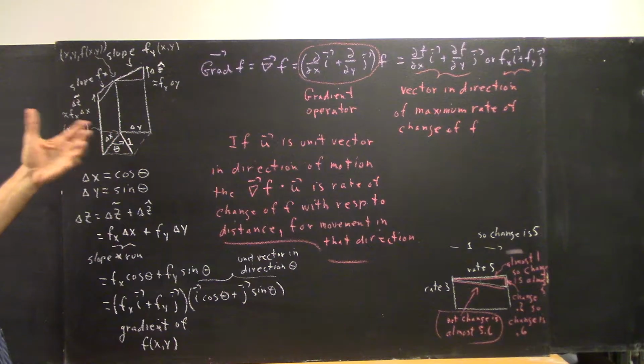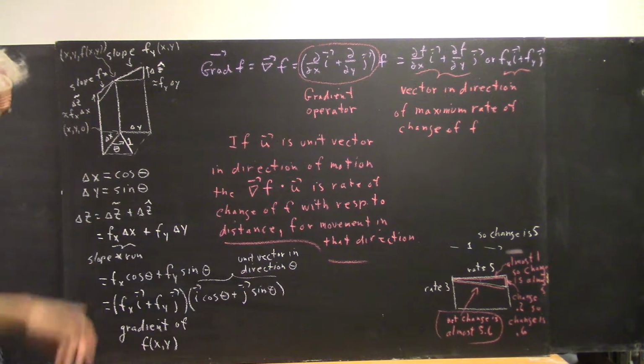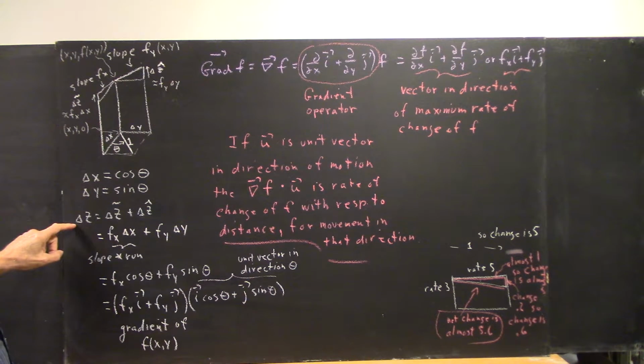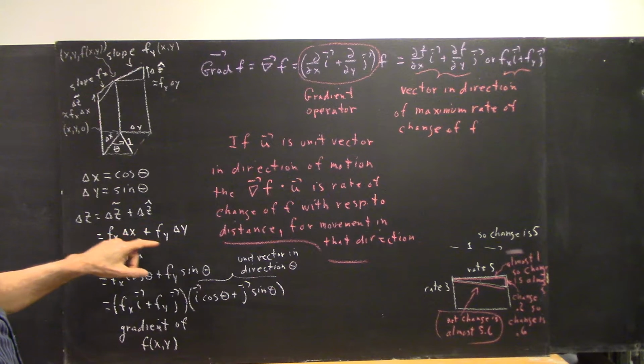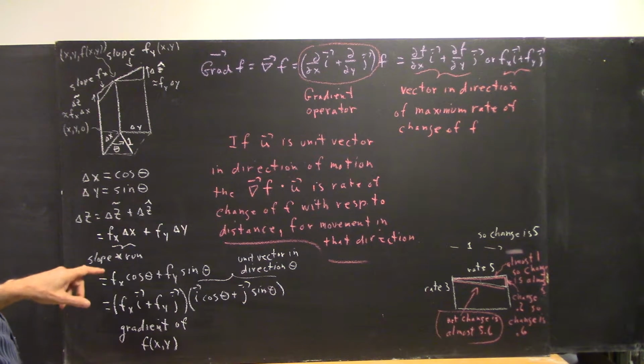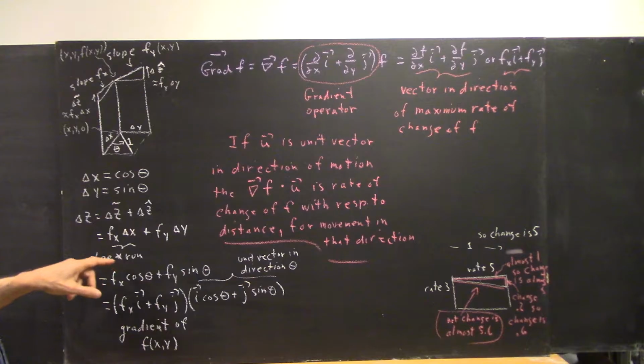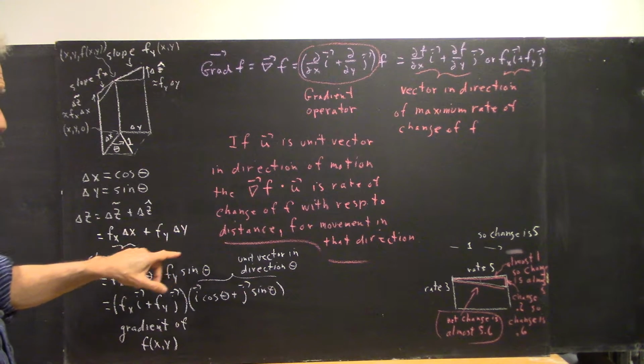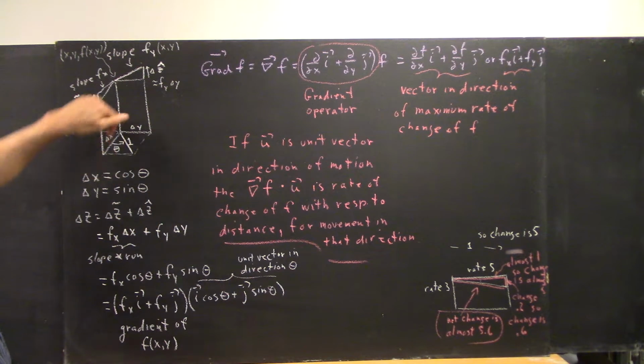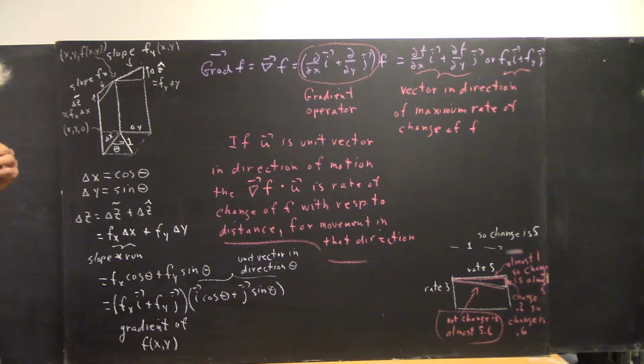In that case, for any delta x or delta y where the slope doesn't change much, your delta z would then be fx delta x plus fy delta y. Again, fx delta x is just slope times run, and fy delta y is just slope times run, one in the x direction, one in the y direction.